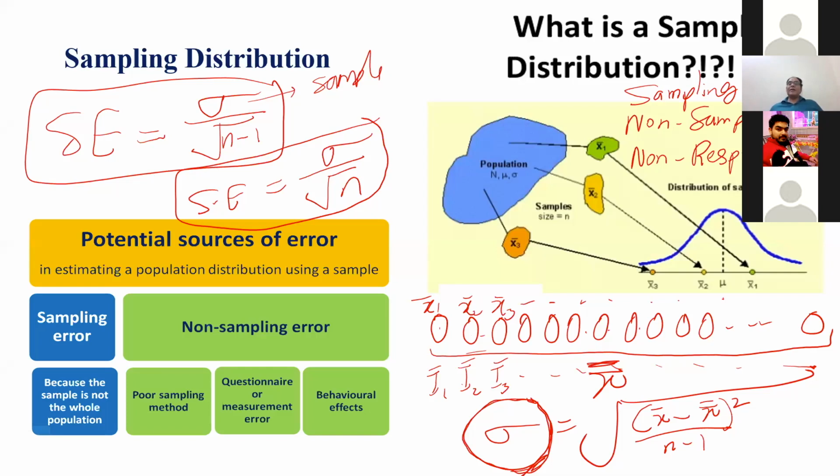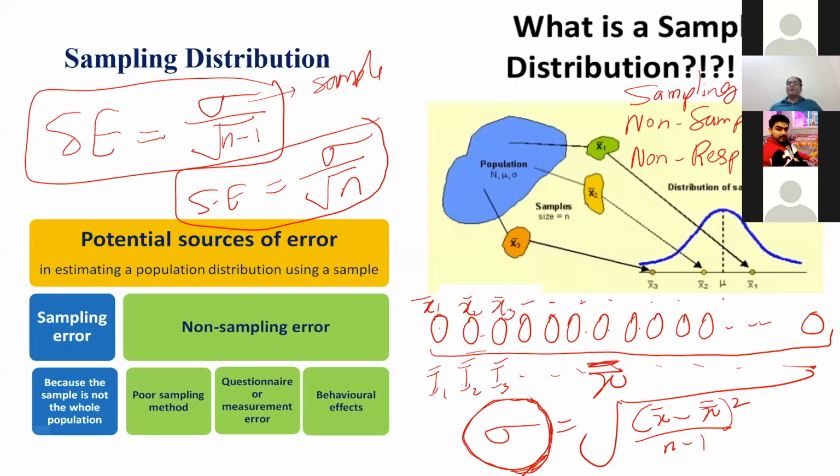there is some error in the sample. This error, which is by chance, is called chance error. Sampling error is also known as chance error. Whenever you pick any sample, it may be possible that its mean is different from the population, right? So this error is called sampling error. For example, suppose in a college the average CAT score of the students is 98.